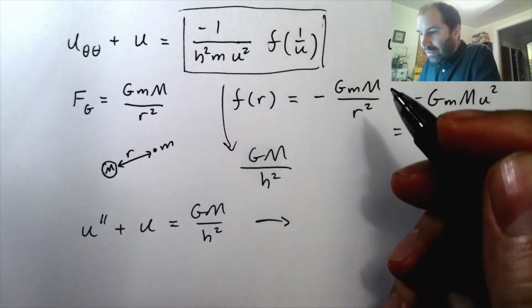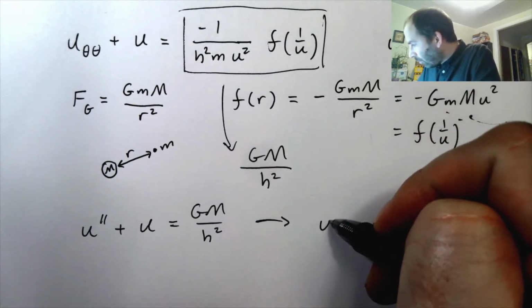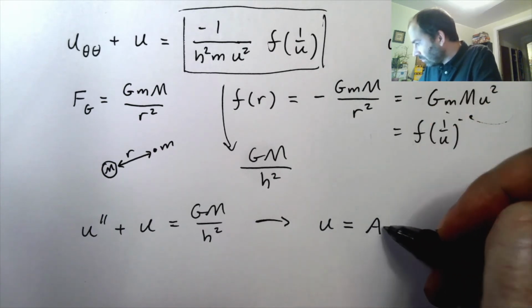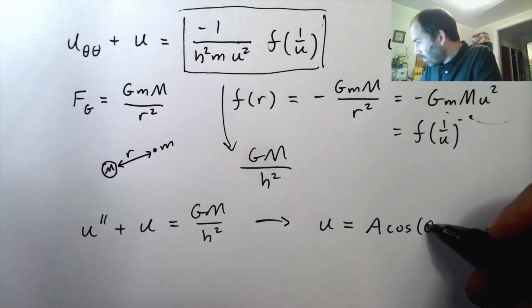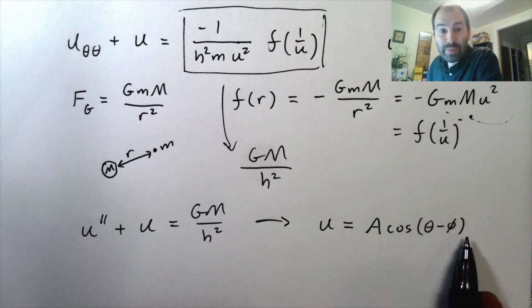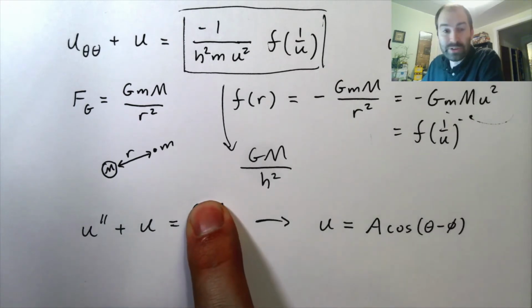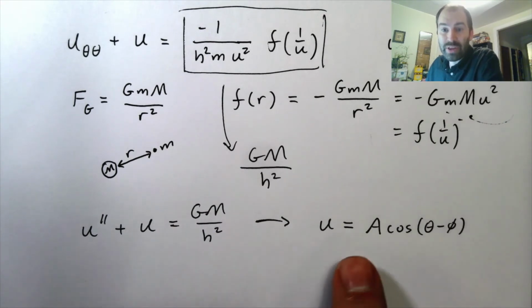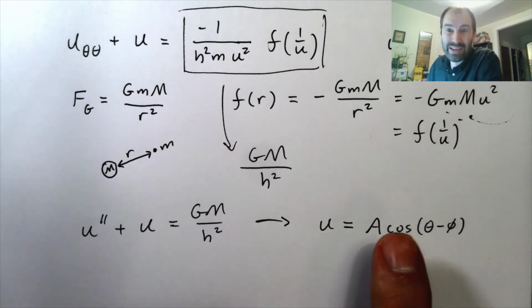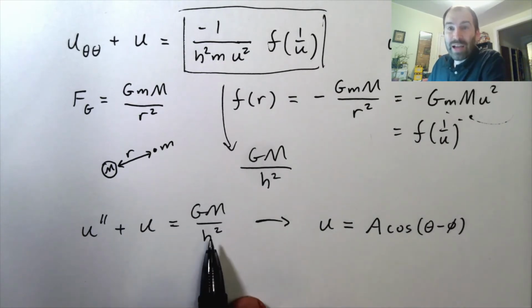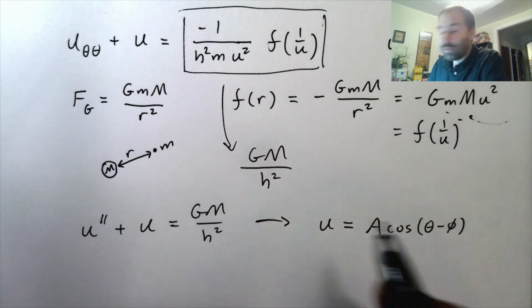So the solution has the form, you can write it in this form. We've done some exercises, we've done some videos where we did that. That's the complementary part of the solution, where you set this equal to 0 and solve it. You write it in terms of sine and cosine, but then you can compress that using some trig identities and write it in terms of a single trig function, cosine. But then you have to find the particular solution too.